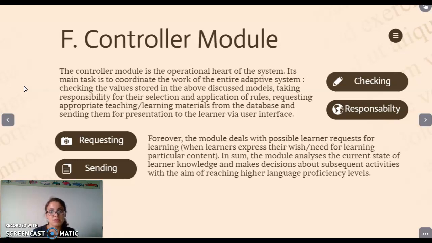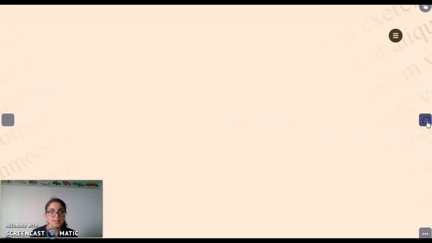Furthermore, the model deals with possible learner requests for learning when learners express their wish or need for learning particular content. To summarize, the model analyzes the current state of learner knowledge and makes decisions about subsequent activities with the aim of reaching a higher language proficiency level.